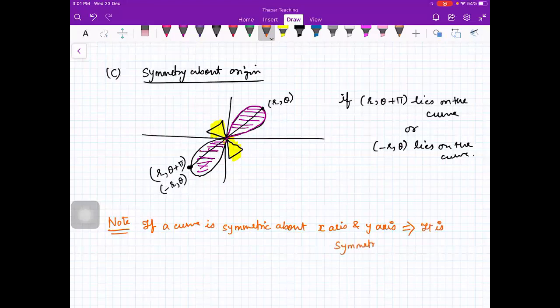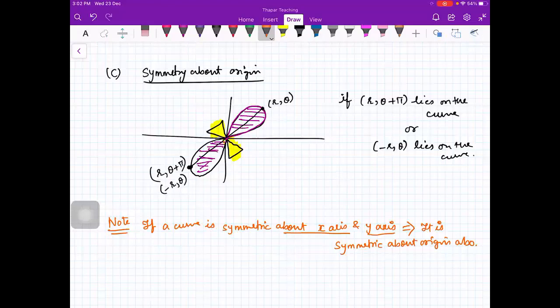Because x-axis symmetry means the lower curve is the same as the upper curve, and y-axis symmetry means the right side curve is the same as the left hand side curve. So the graph in the first quadrant will be the same as the graph in the third quadrant, and the graph in the second quadrant is the same as the graph in the fourth quadrant.